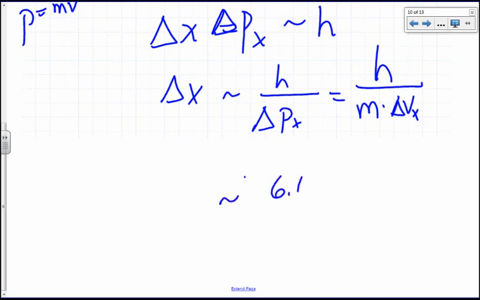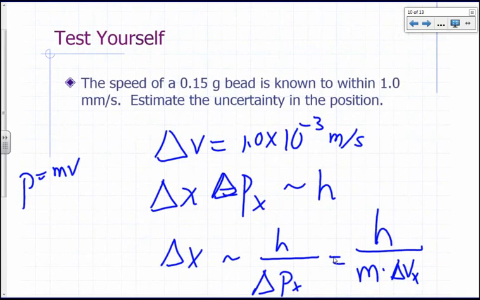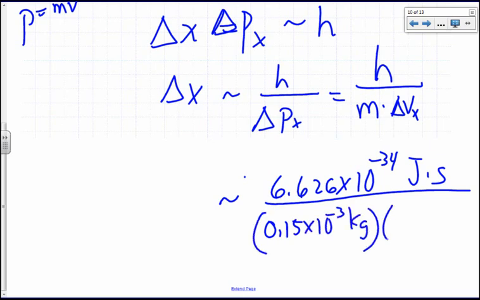h is 6.626 times 10 to the negative 34 joule seconds. The mass of our bead is 0.15 grams, so that's 0.15 times 10 to the negative third kilograms.